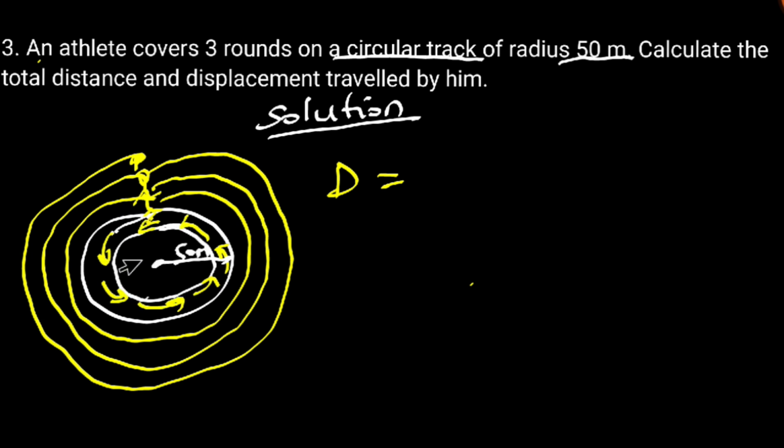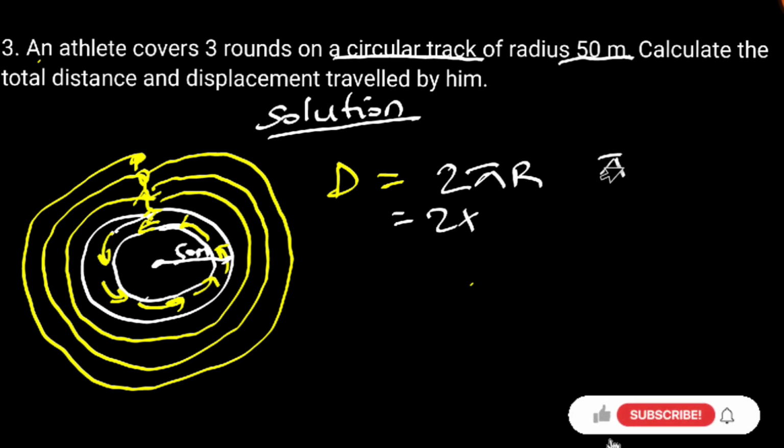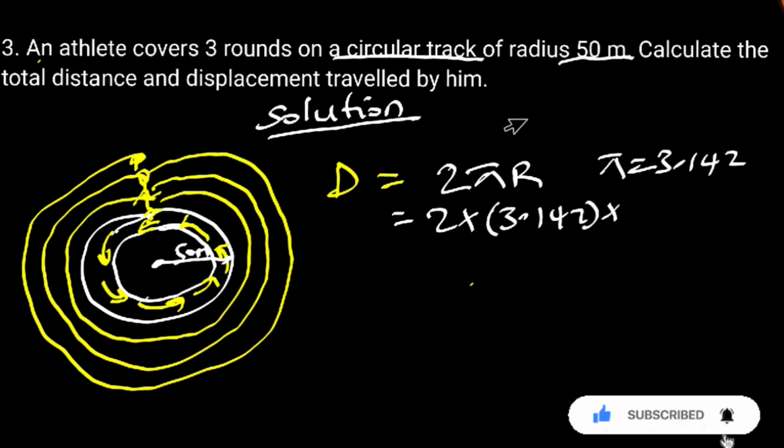The formula for the circumference of a circle is given by 2 pi times the radius. So this is equal to 2 times 3.142 times our r, which is the radius, 50.